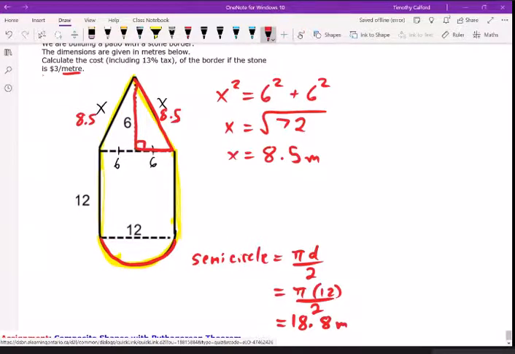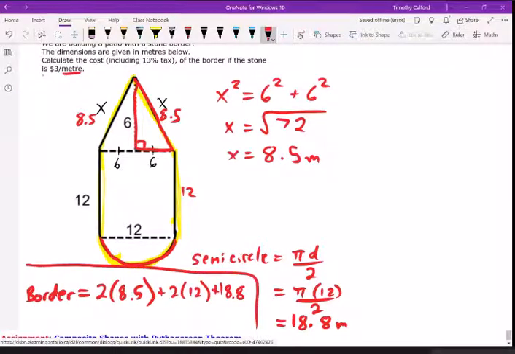So now we would have the border, or the perimeter. We'll use the word border because that was in the context of this question. But the border would be 8.5, 2 of them, so 2 8.5s, we've got 2 12s, and the arc at the end we figured out was 18.8.